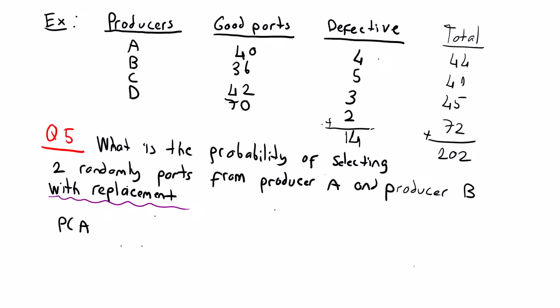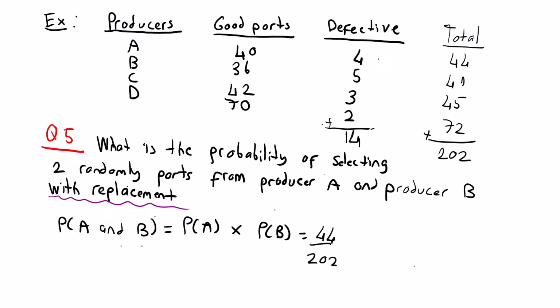In our first attempt, that's probability A and probability B, so that is PA times PB. First, we're looking for the probability of selecting a random product from producer A. That is 44 divided by 202.